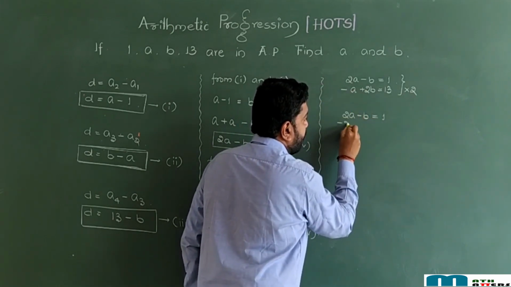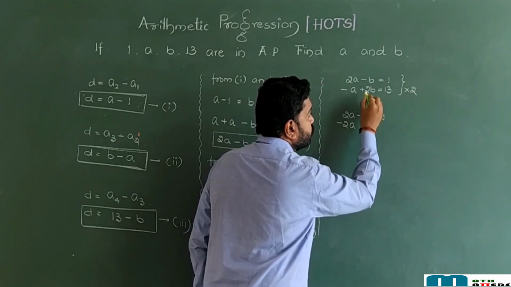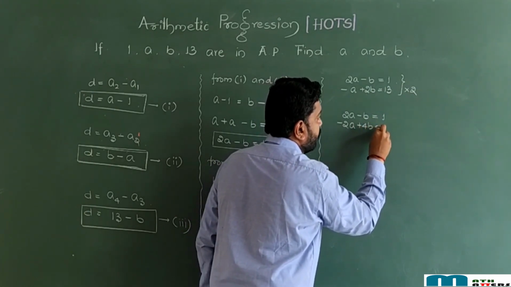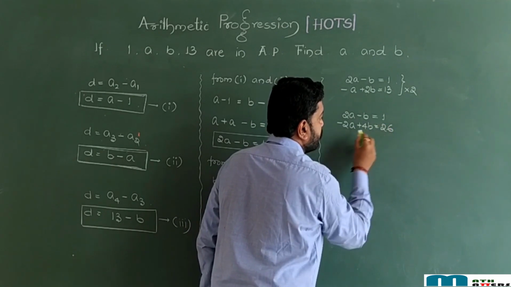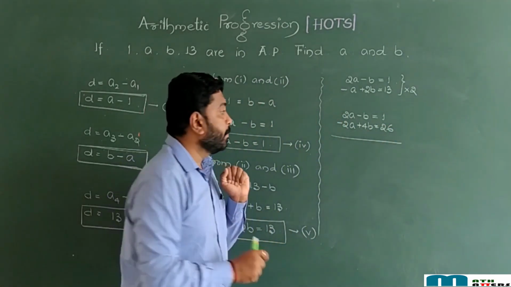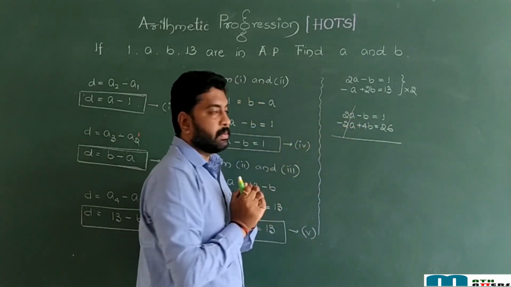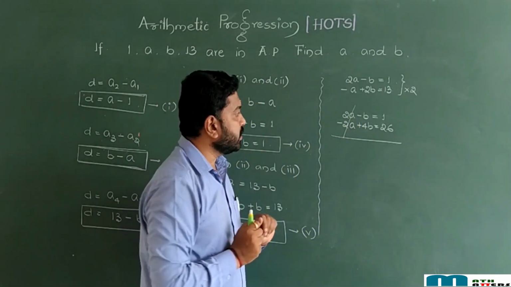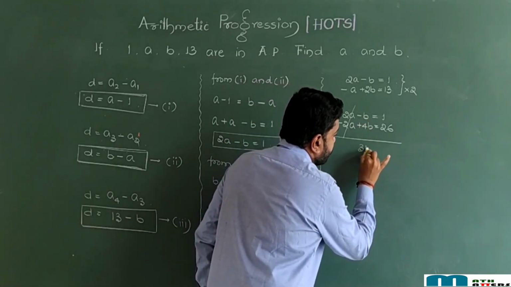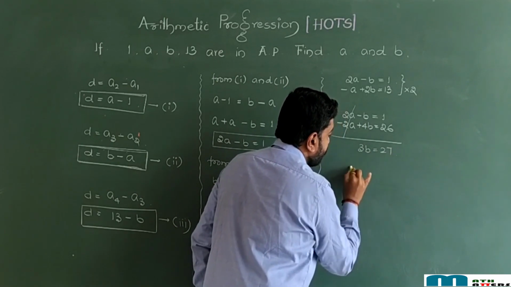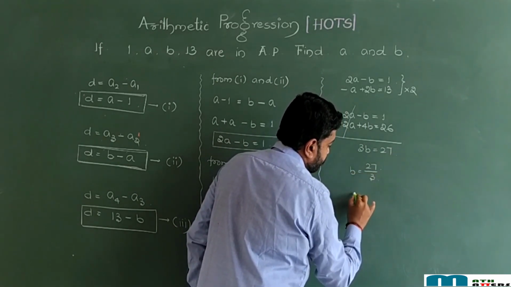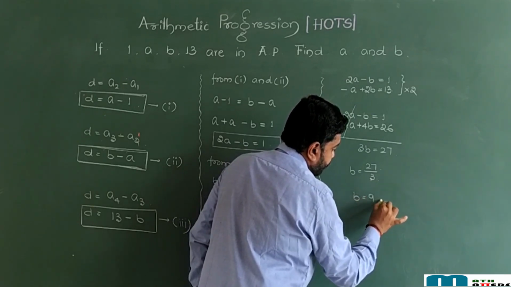Multiplying the second, minus 2a, 2 into 2, that is plus 4b, is equal to 26. If I add them, 2a and minus 2a get cancelled. This is 4b minus b is 3b, is equal to 27. b is equal to 27 divided by 3, so b is equal to 9.